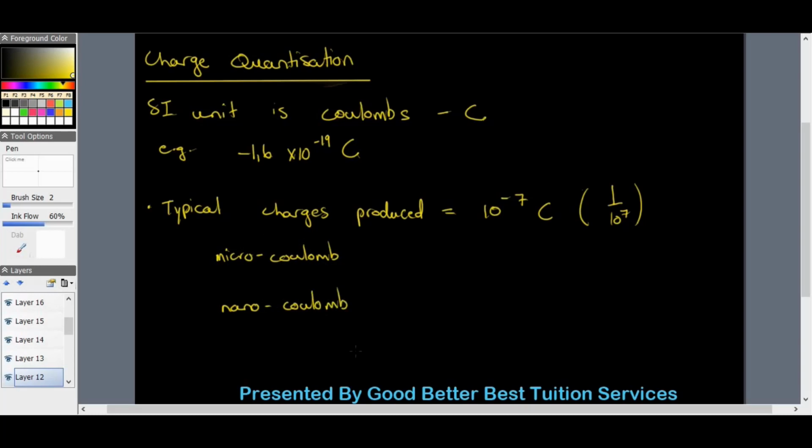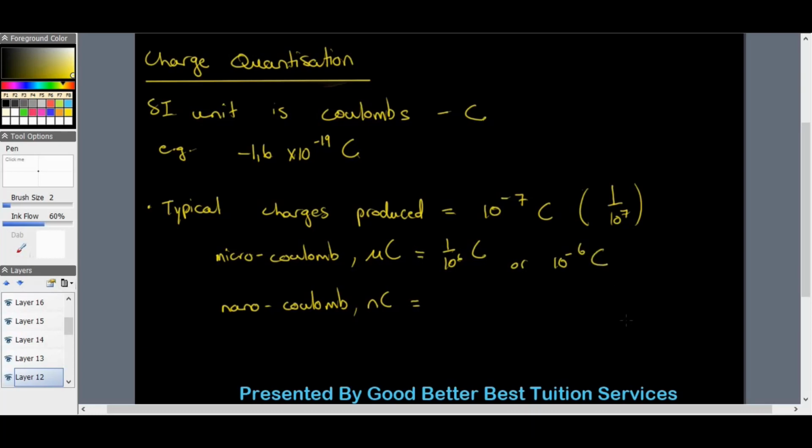Microcoulomb uses the Greek symbol mu, which is a funny looking u, and capital C. And nano, we make use of the little n and capital C. But these mean different things. A microcoulomb is 1 over 10 to the 6 coulombs, or more typically written 10 to the -6 coulombs.